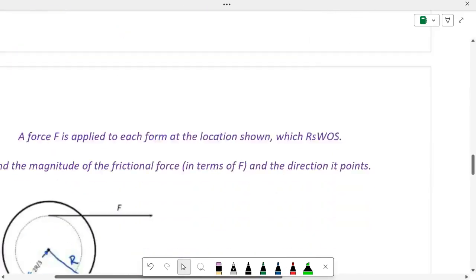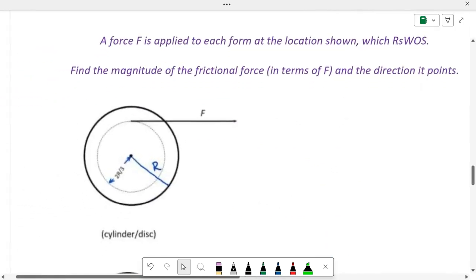Now, in other cases, we can talk about cases in which forces are applied to different forms at different locations and figure out things like how big is the friction force? What direction does it point? Well, it certainly acts there. We don't even know what direction it points.